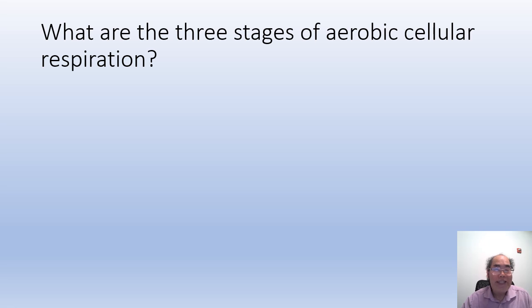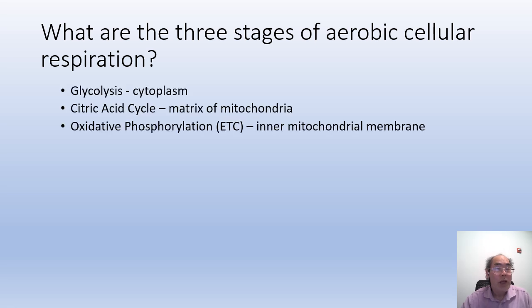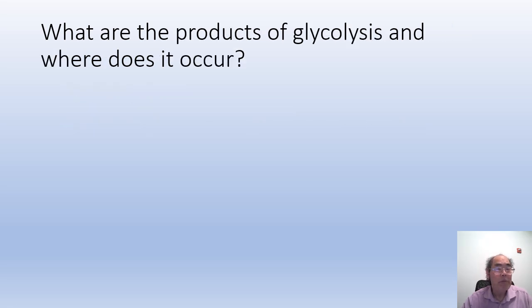What are the 3 stages of aerobic cellular respiration? Please answer. The 3 stages are glycolysis, the citric acid cycle, and oxidative phosphorylation, or the electron transport chain.